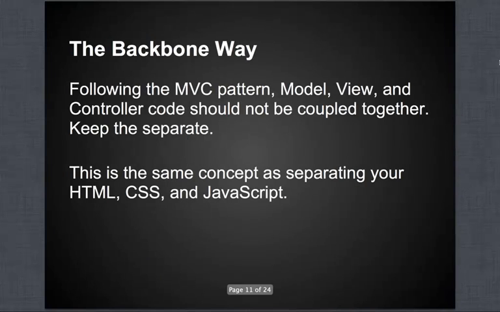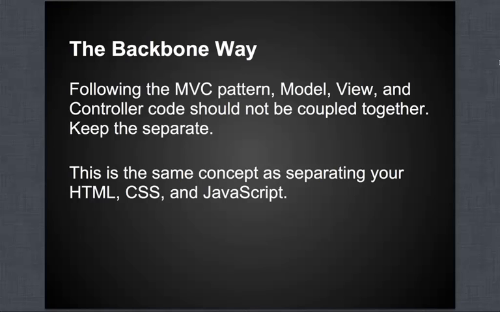So how Backbone helps smooth out some of those problems is that you're going to start using this model, view, and controller structure that's going to help ease the pains of JavaScript. You can think of it in the same way as when you're doing HTML, CSS, and JavaScript, you want to separate your structure from your functionality, from your design.